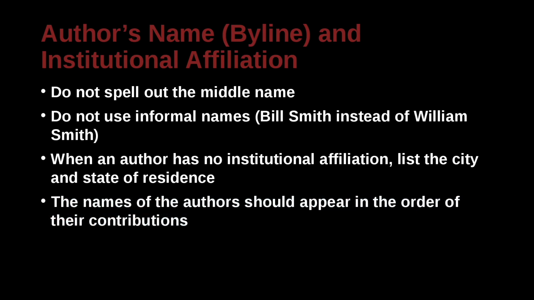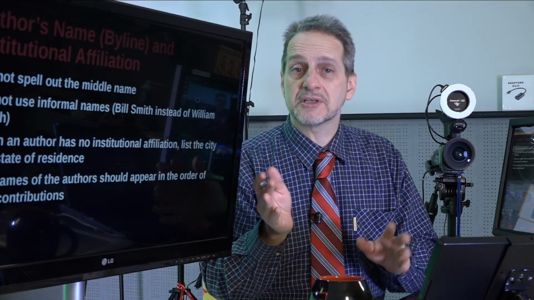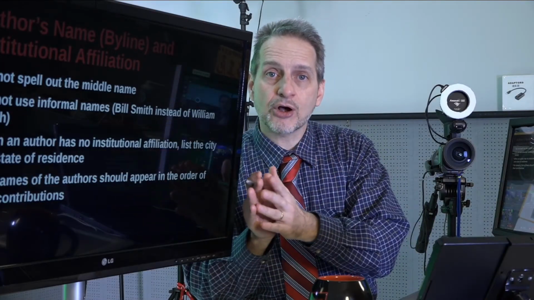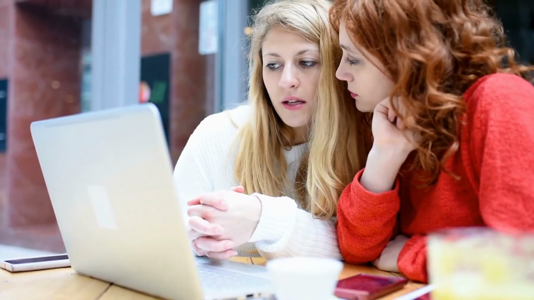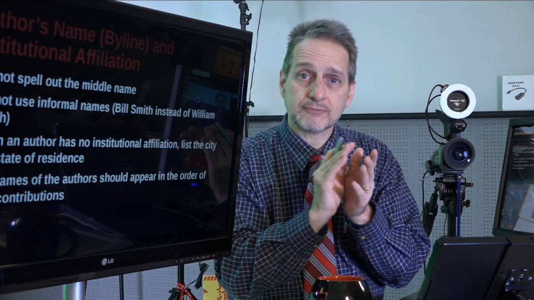And the author's names have an order to them. What is the order? The first person on that list is the person who did most of the work. So that's called the first author. The second author is the person who did the second most. And the third author did third most, and so on.